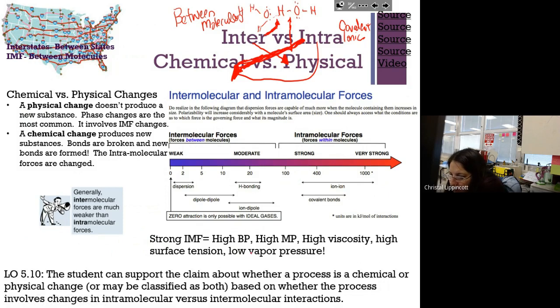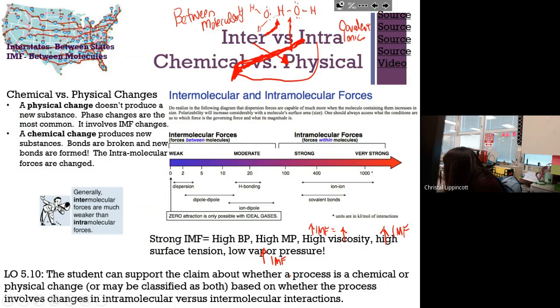We talked about vapor pressure yesterday. Viscosity runs into the same thing. Increased IMFs equal increased viscosity. High surface tension has high IMF. Low vapor pressure has high IMF. Do you remember from yesterday what vapor pressure is? You want me to go over it again?